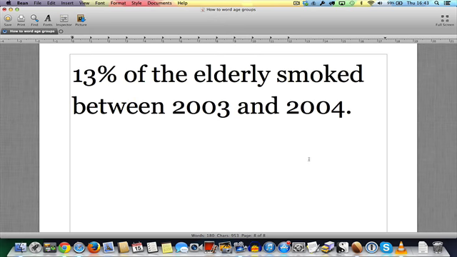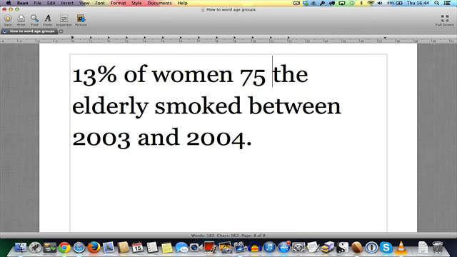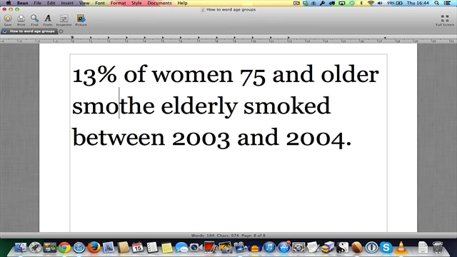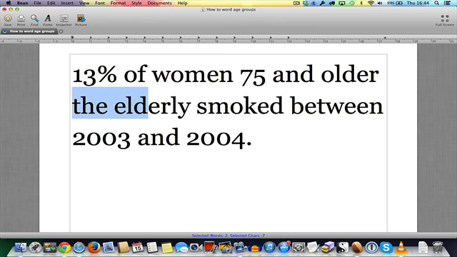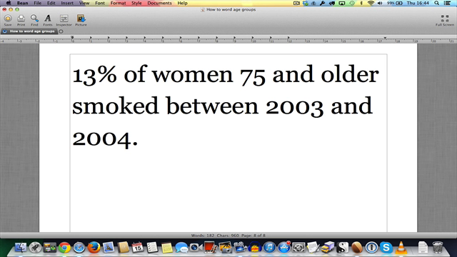So, as I was mentioning, 13% of the elderly smoked between 2003 and 2004. So this would not be correct. We would have to change this to 13% of women 75 and older smoked between 2003 and 2004.